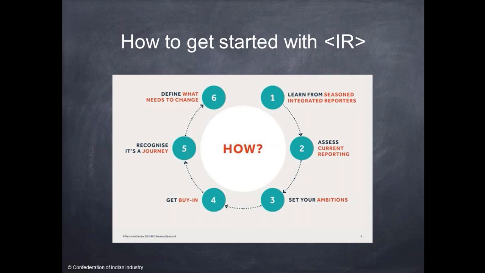And since it involves strategy, business model, outlook, a lot of elements which the board is involved in, it really benefits from getting a buy-in from them at the very beginning. Then, of course, comes the recognition that it is a journey and what needs to be changed and how do we move ahead with it.